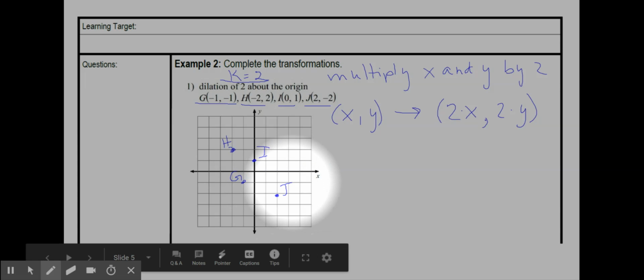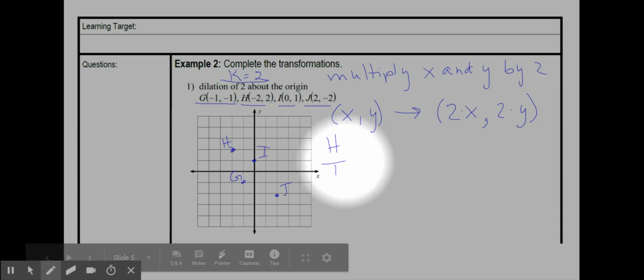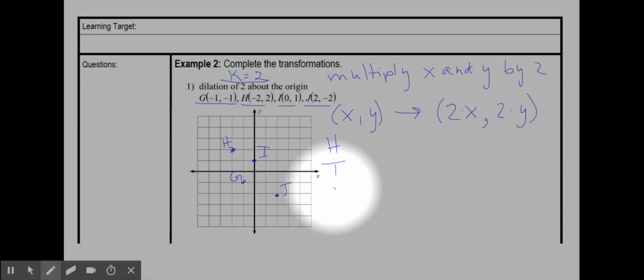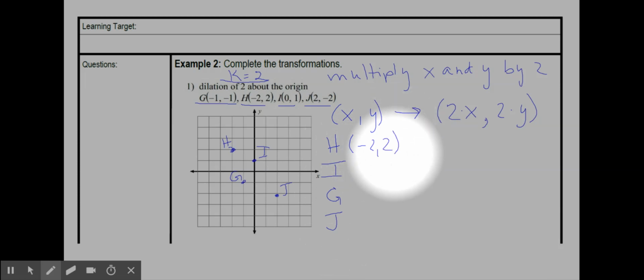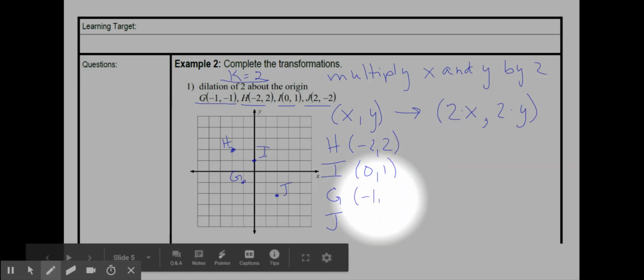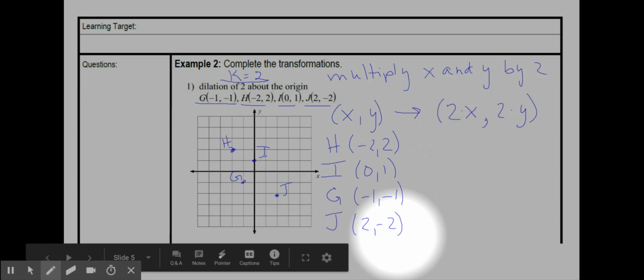Okay, I can also list them here, H, I, G, and J. H is -2, 2, I, 0, 1, G, -1, -1, and J, 2, -2. Okay.